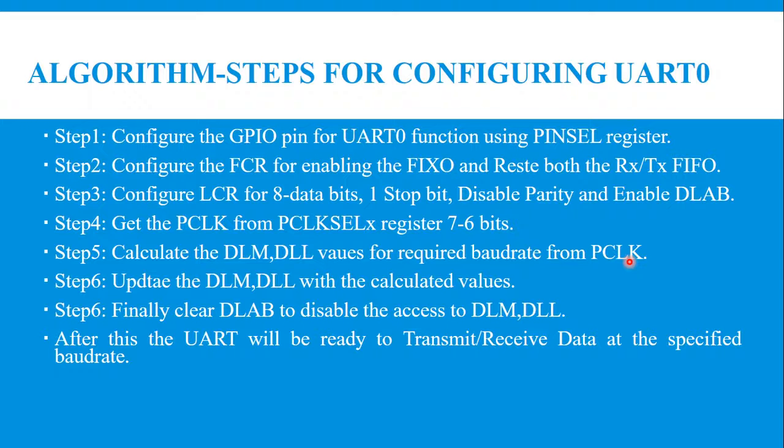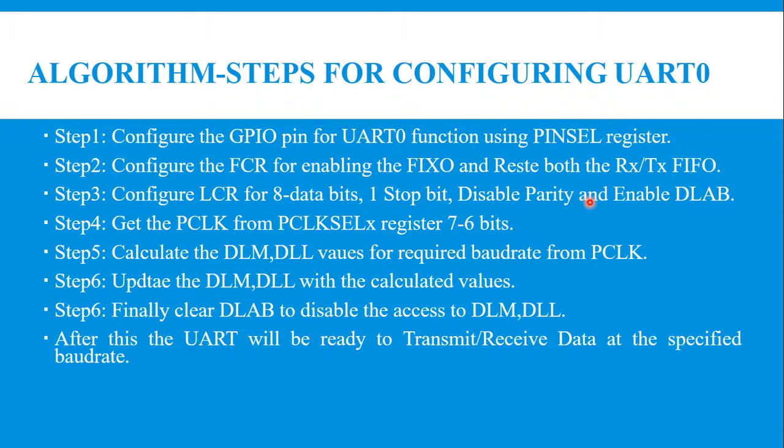The next step is to configure the FCR, the FIFO control register, for enabling the FIFO and resetting both the RX and TX FIFO. Then configure the LCR, the line control register, for 8-bit data, 1 stop bit, parity disabled, and enable the divisor latch.